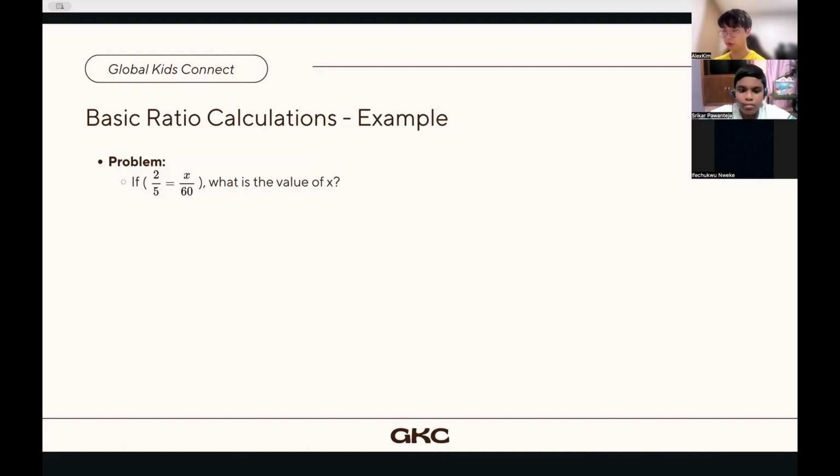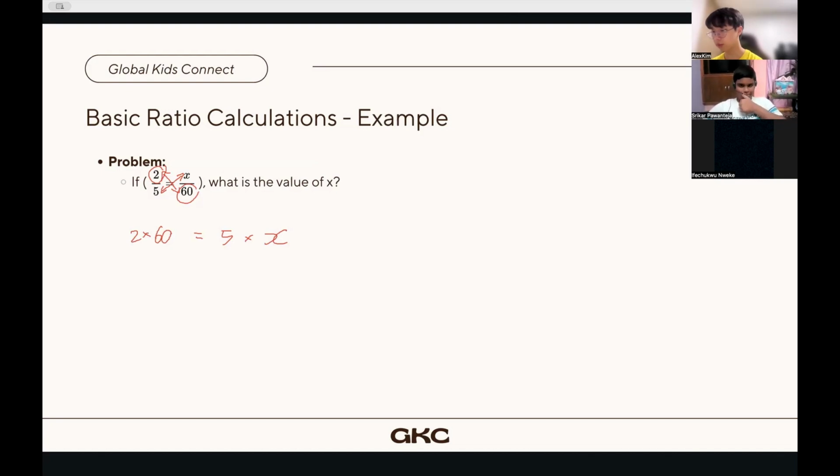Like I explained, you can multiply the two numbers in a cross like this, so as to get 2 times 60, because there's 2 on one side and 60 on the other, equals 5 times x. We can quickly solve this.